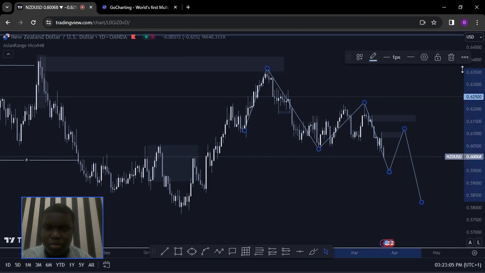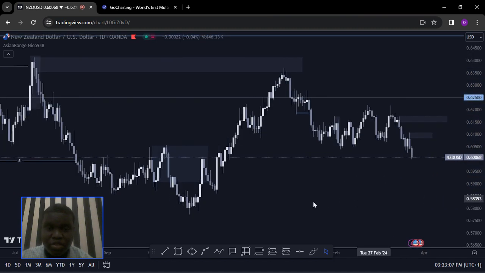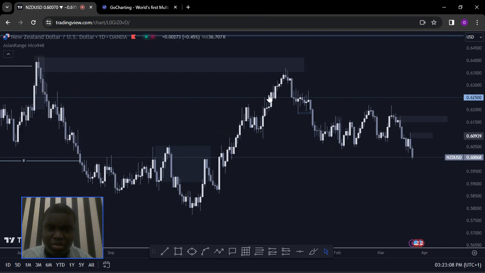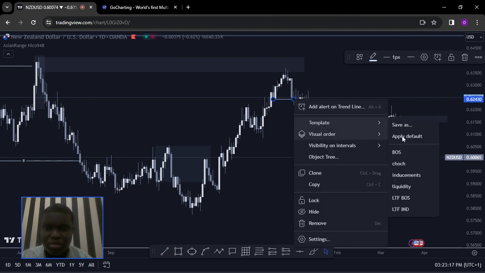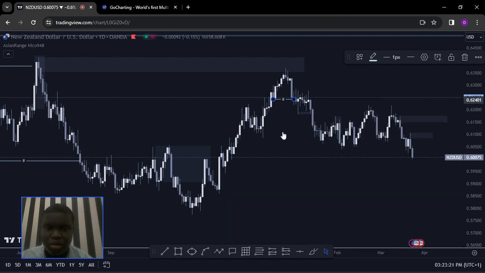So let's roll this. After the market tapped into the supply zone, structure collapsed to the downside. You can see the market taking out these lows. There's a break of structure along these lows, break of structure as well.